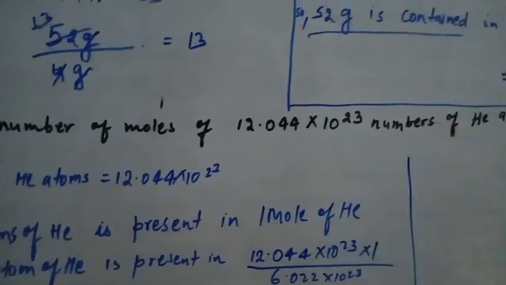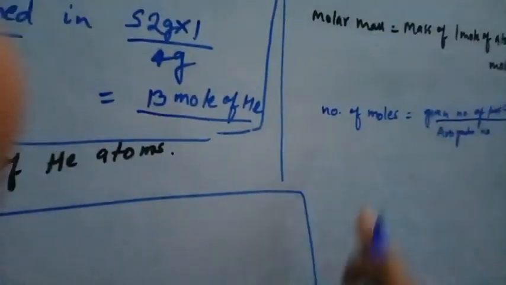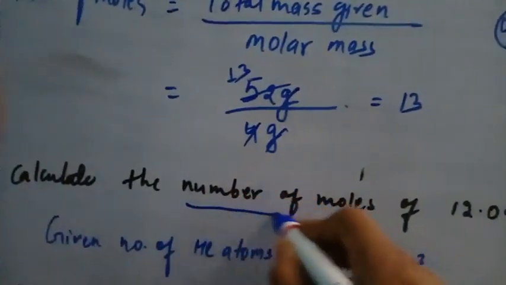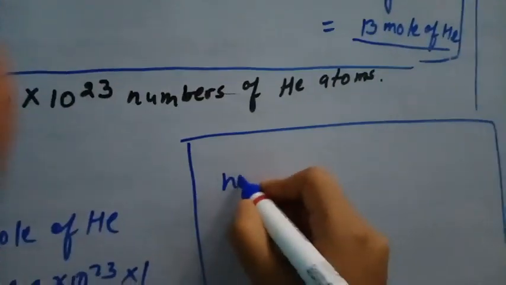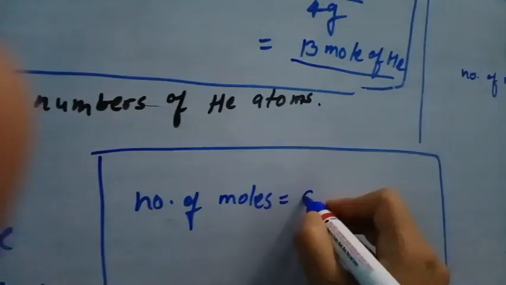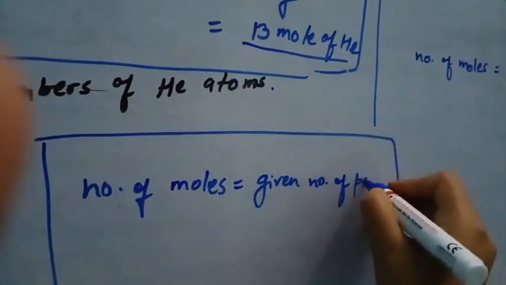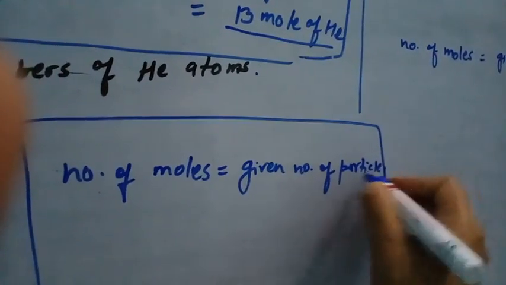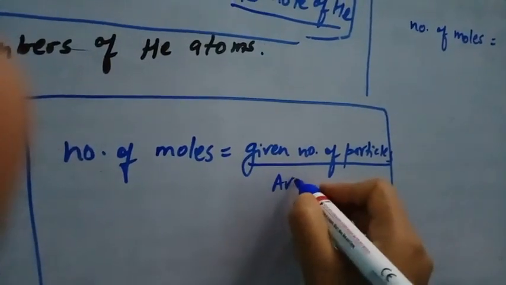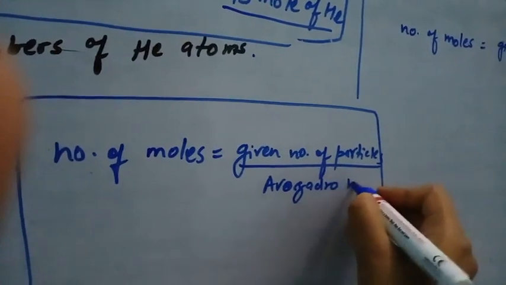One more method is there. Just use this formula. Number of moles we have to find out. Number of moles is equal to given number of particles divided by Avogadro number.